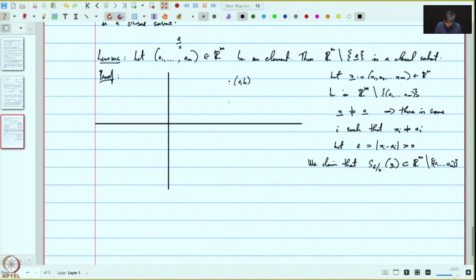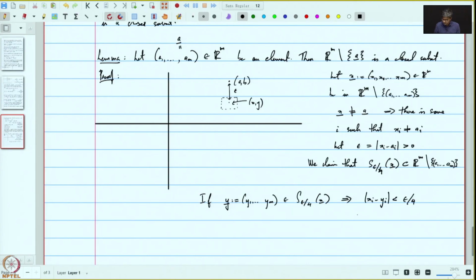So in other words, we are taking this distance epsilon, and we are taking a square. Let's just, to be safe, take epsilon by 4. So we are taking this S epsilon by 4 around this point (x, y). Okay, so let's prove this. Suppose y = (y1, ..., ym) belongs to S epsilon by 4 of x, then this implies that mod xi minus yi is strictly less than epsilon by 4.